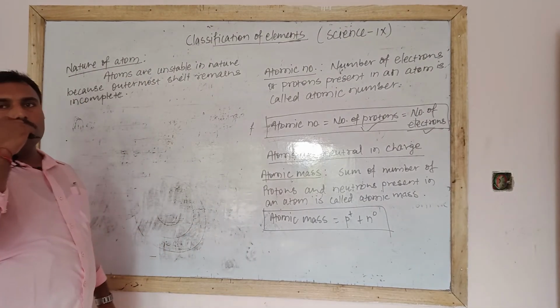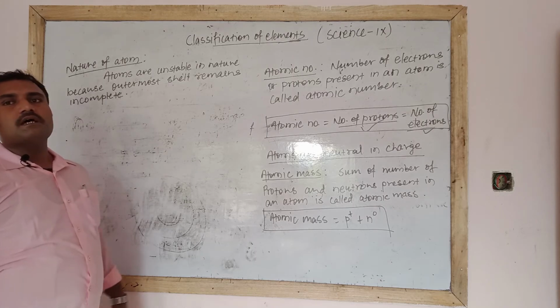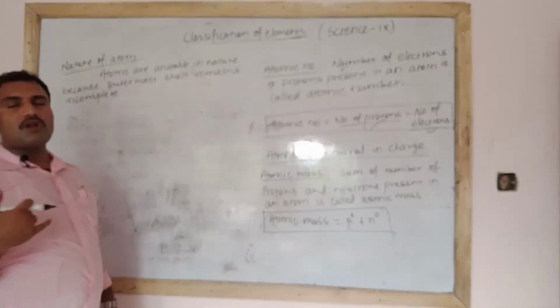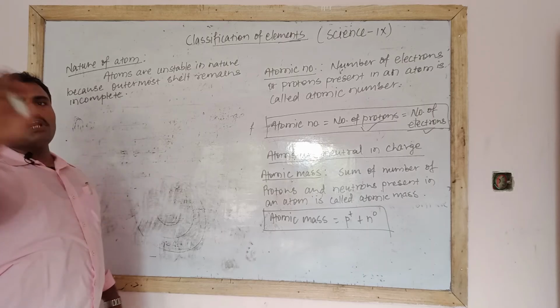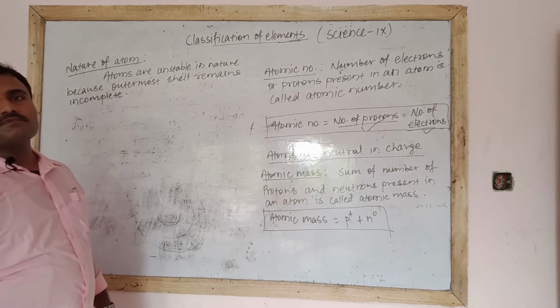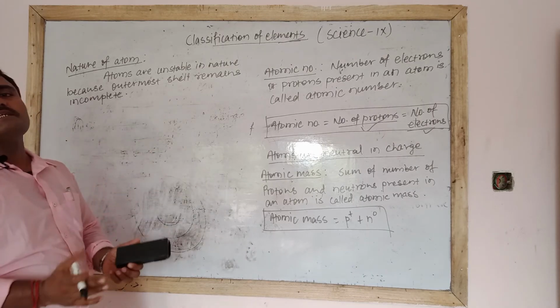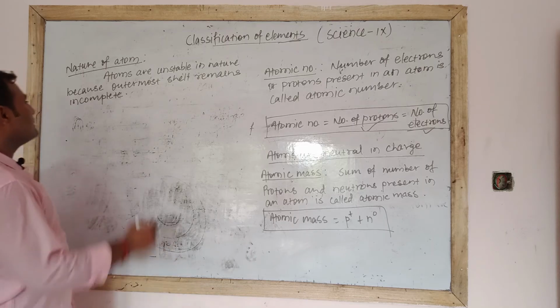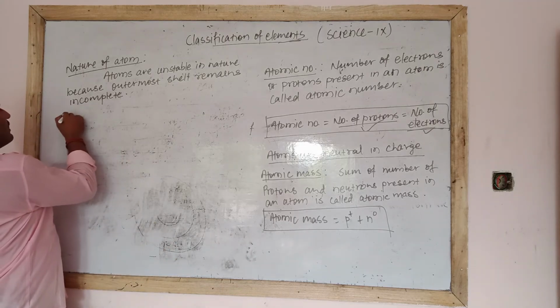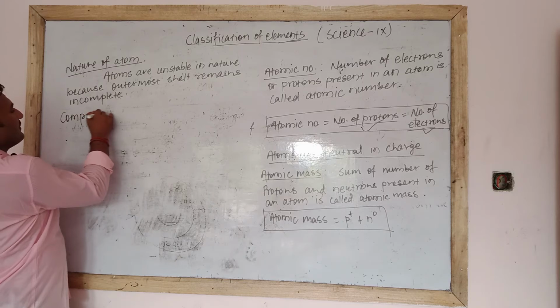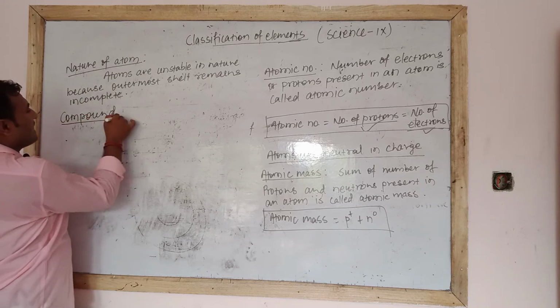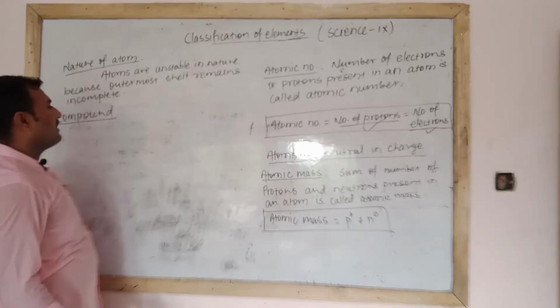When it gains electrons from other atoms or loses electrons to other atoms, combination takes place, and compounds are formed. In this way atoms are responsible for giving compounds.